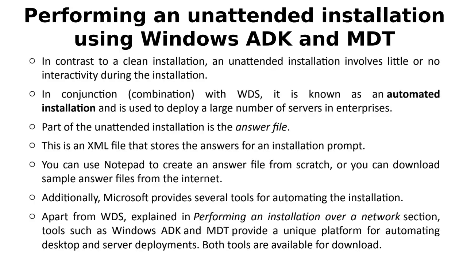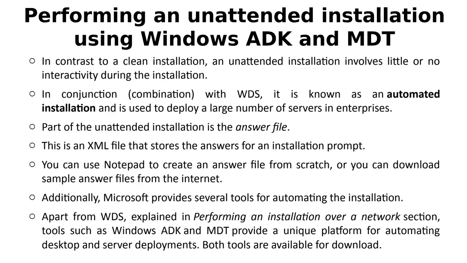Unattended, meaning automatic installation. You know, when you install, the computer will ask you some questions. Which country, which region, which username, which part. You can put all these answers in one file. We call it unattended installation. Especially like here in this lab.